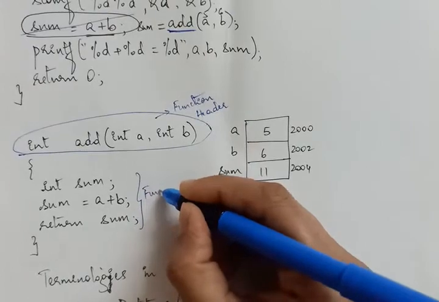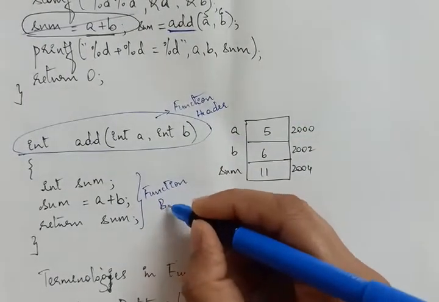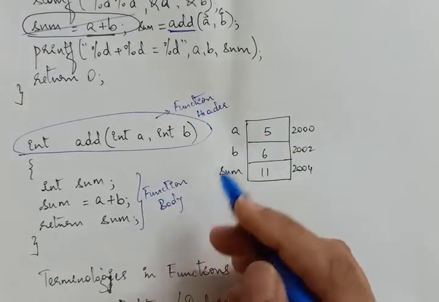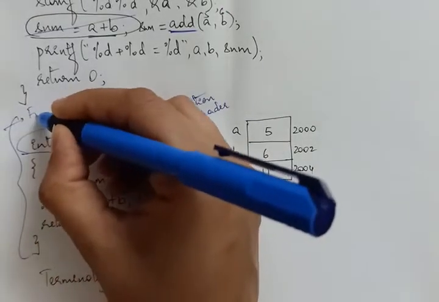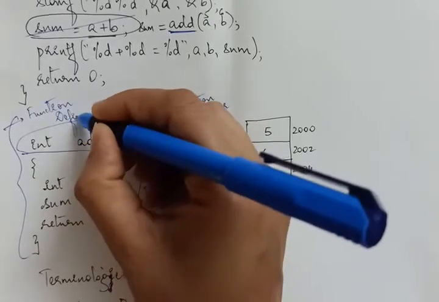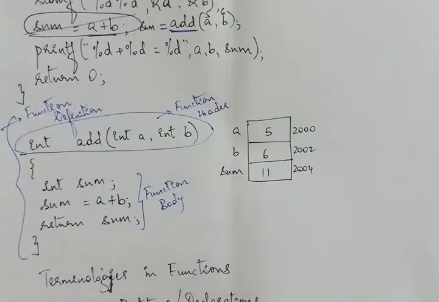When I'm speaking about prototype, I have to speak about header also and definition also. So this is the function header, this is the function body. Both together is called the function definition. That is, you're defining the task of that function.